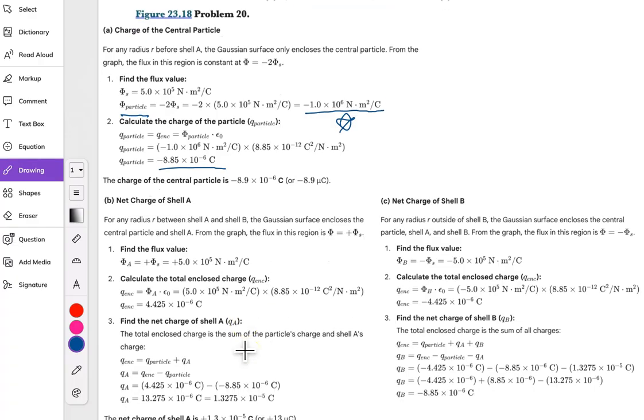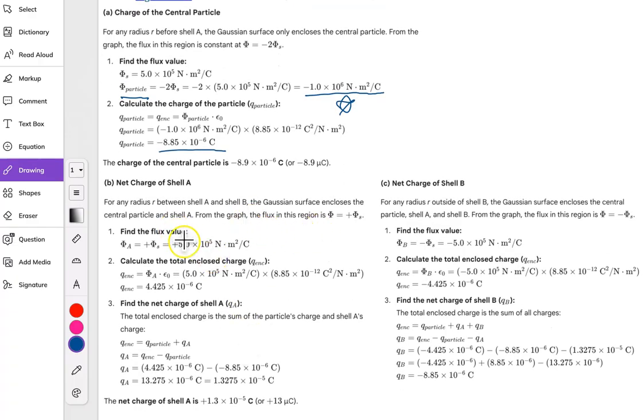So to find the flux value, we need to find the flux value. So we know that for shell A, that is equal to the positive flux, so we end up with 5 times 10 to the 5th newtons times meter squared per coulomb. And where did we get that the flux in the region is this value?